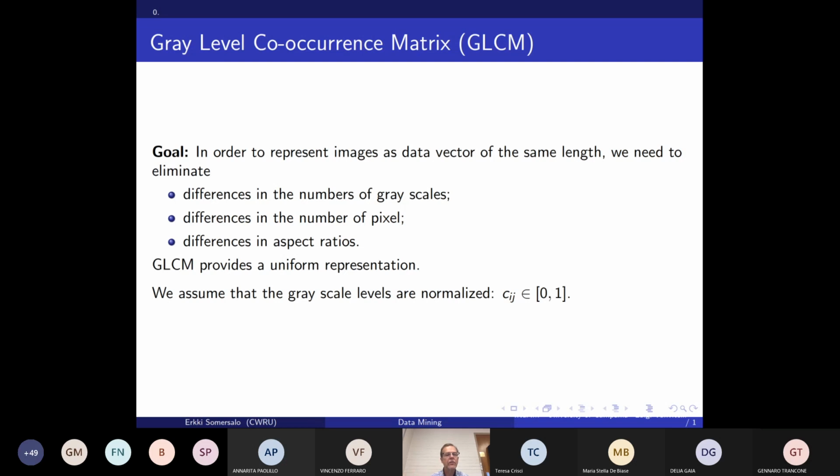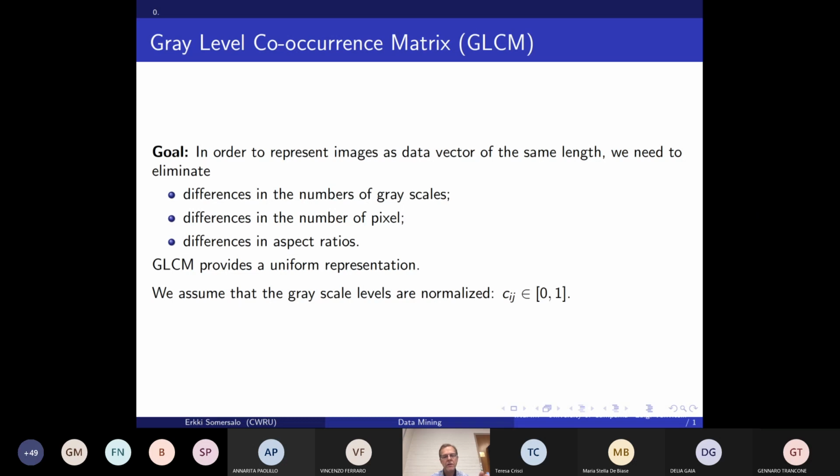And so you want to get rid of the differences in the number of grayscales. One picture may have been taken with higher resolution with respect to the grayscale, different pixel numbers, different aspect ratios, etc. You don't want those to be critical factors when you're classifying your images. So what we first do is get rid of the variability of the grayscale. We scale the grayscales in all images so that the values are between 0 and 1.